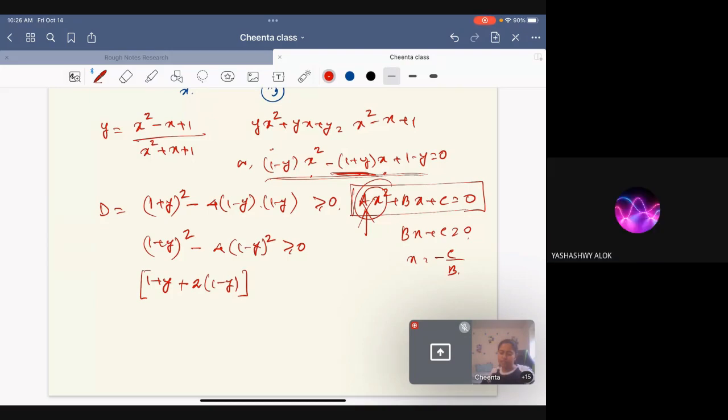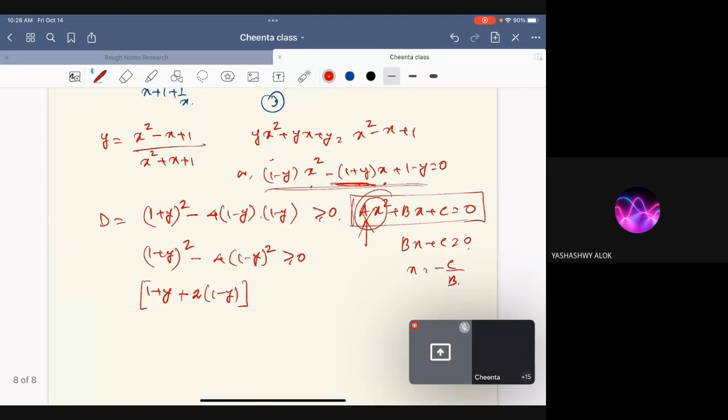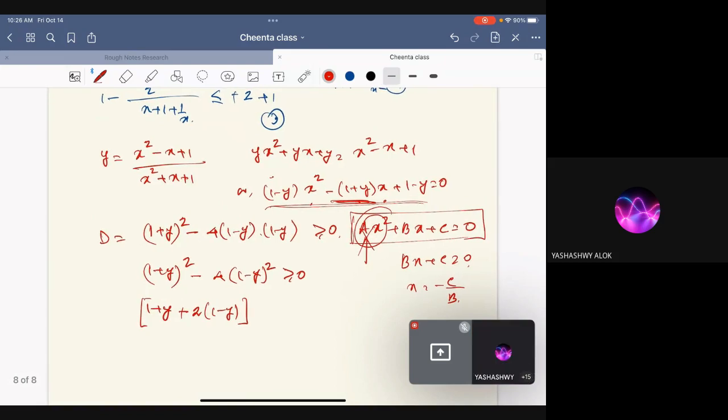Ma'am, as Abhinav was saying, if we put y equals 1, the x squared term will be terminated, right? Yeah, exactly. If we put y equals 1, then we get the value of x as 1 by 3 in that equation.